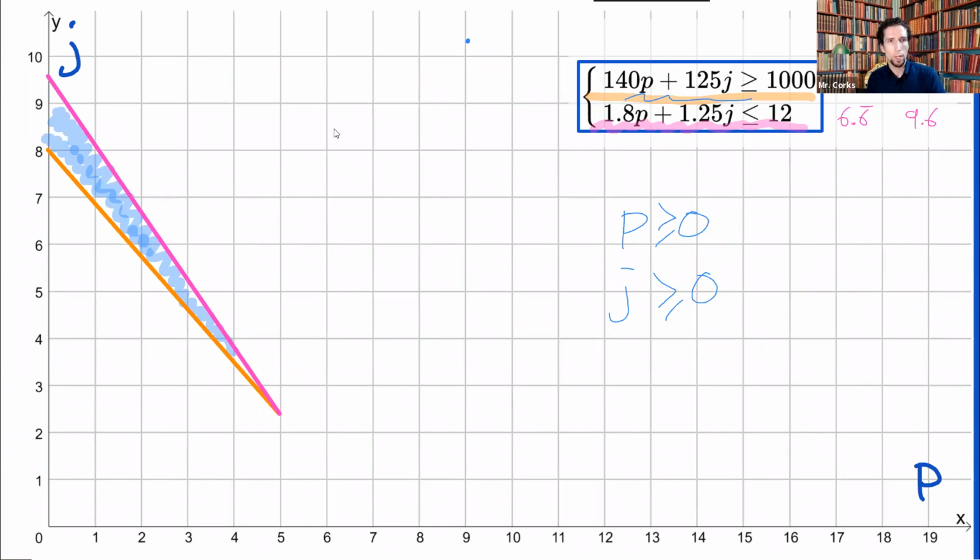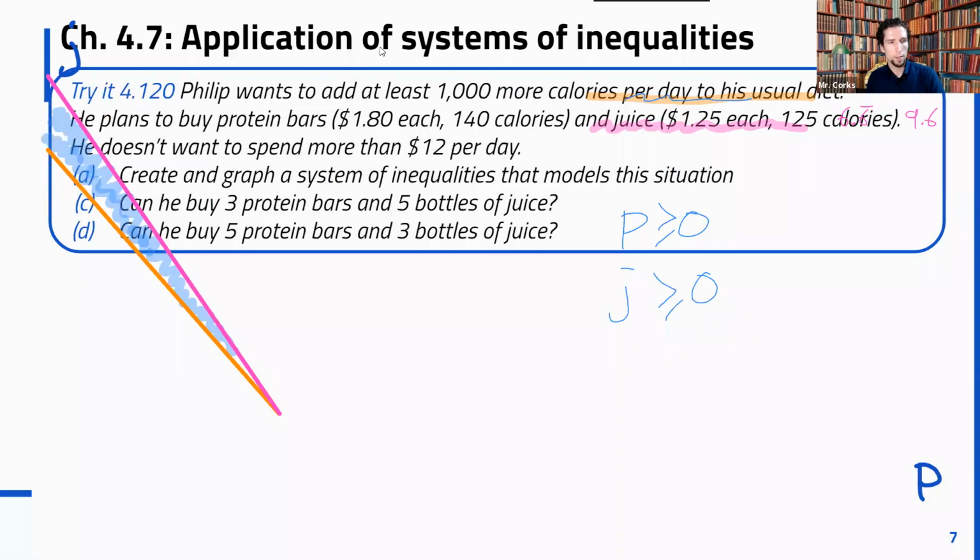The question was asking us to find out about two particular spots. We didn't write the numbers on this slide, so let's quickly hop back. It's asking about 3 protein bars and 5 bottles of juice, and also 5 protein bars and 3 bottles of juice.